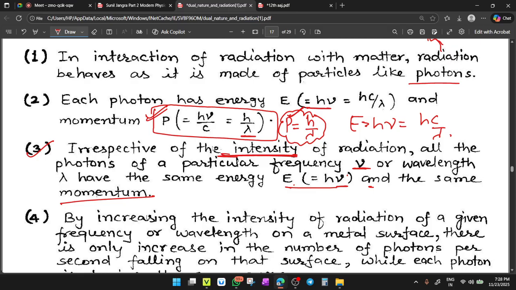Clear? Means if nu is constant, this means lambda is constant. For a constant lambda, there will be fixed energy and fixed momentum, and P is constant, P for momentum. So for a fixed frequency, there is a fixed wavelength, means fixed energy and fixed momentum. Done.